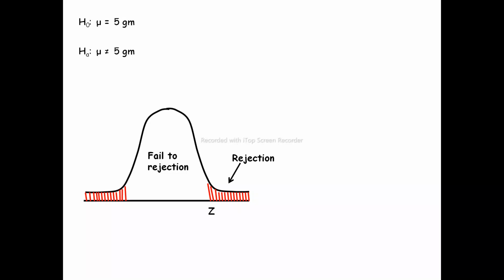Now the Z value will separate these two regions, the rejection region and the fail to reject region, and this Z value is known as the critical value. Now let us say that the worker conducts the test at a 95% confidence level. 95% confidence level means C equals 0.95, and we know that C plus alpha equals 1.